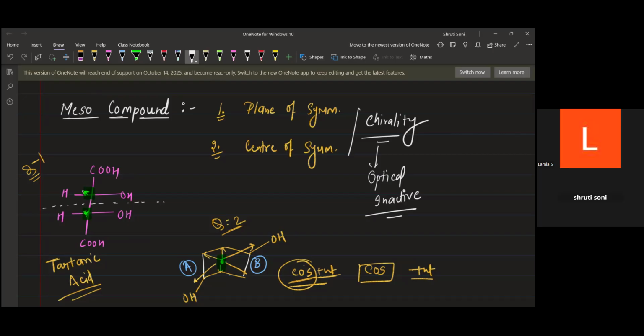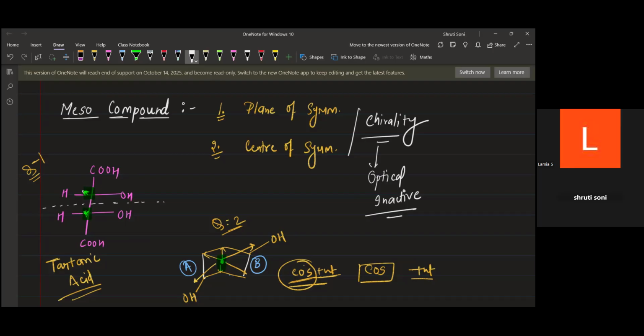Only a meso compound is optically inactive, because there is a plane of symmetry, but there's no center. So meso compounds will always be achiral.